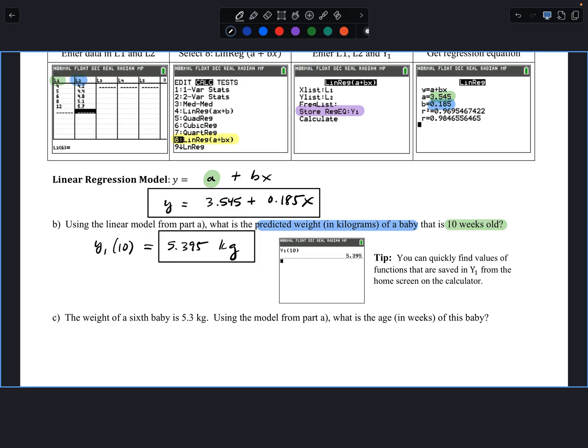The weight is 5.3. What is the age? So what is X when Y is 5.3?